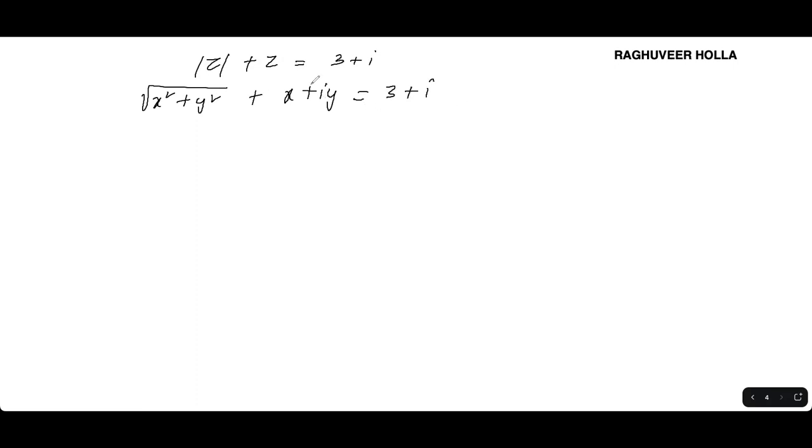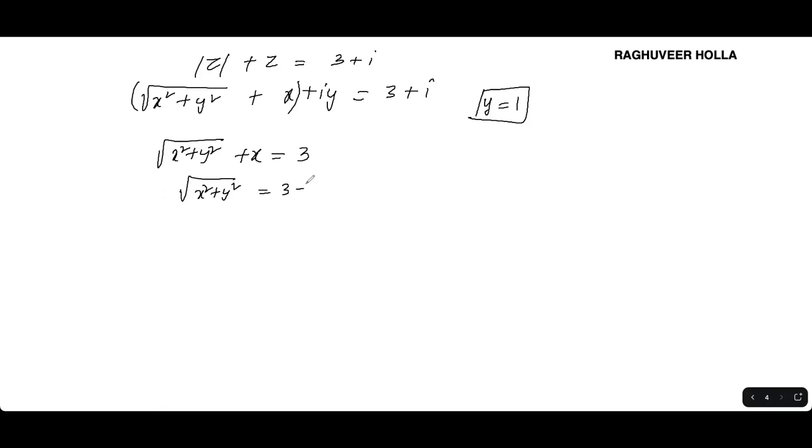What you can notice comparing this in real and imaginary parts is that y is equal to 1. So y will be 1. And this is square root of x square plus y square plus x is equal to 3, right? So this will be square root of x square plus y square is equal to 3 minus x.